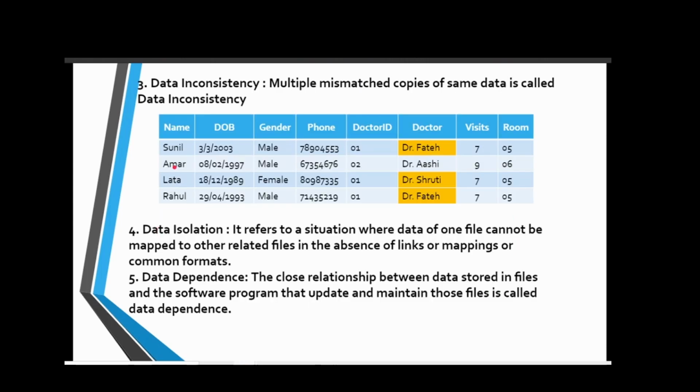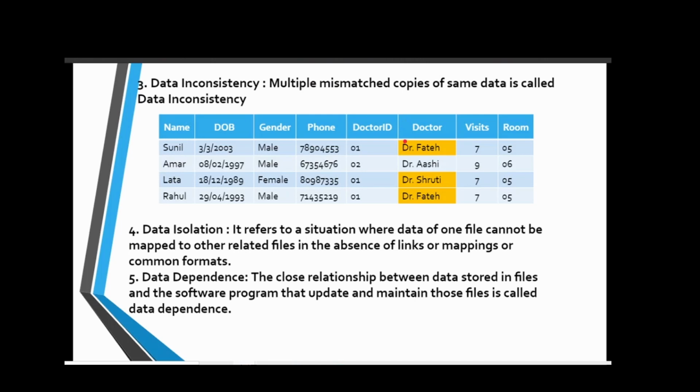Now come to data inconsistency. What is data inconsistency? Multiple mismatched copies of the same data is called data inconsistency. I have given a hospital database example over here. Patient name, date of birth, gender, phone number, doctor ID, visit, room number are written.